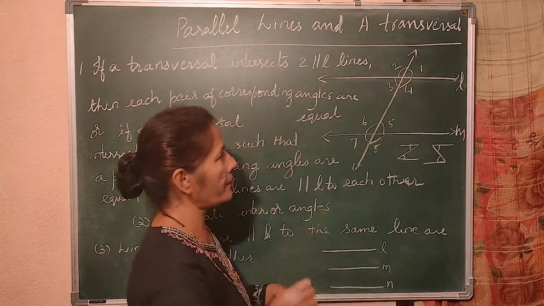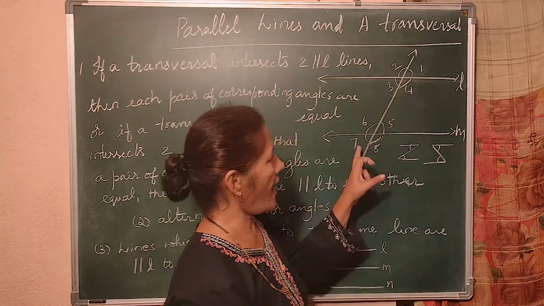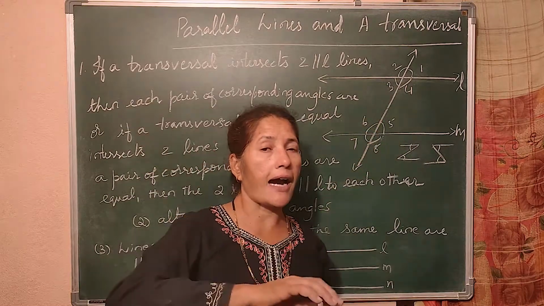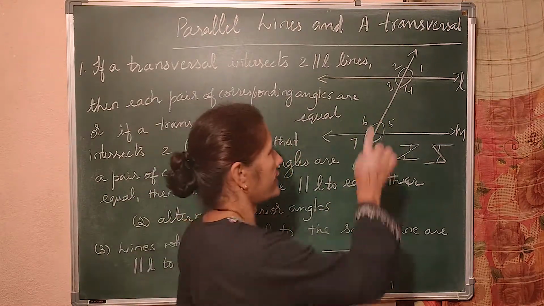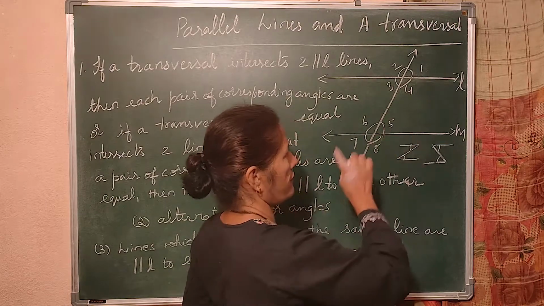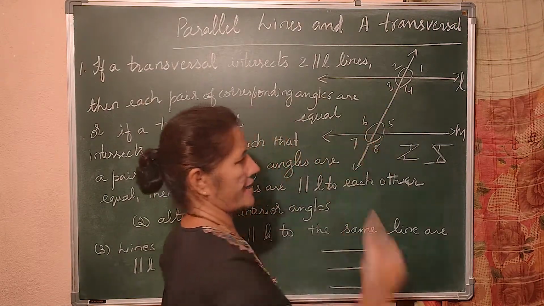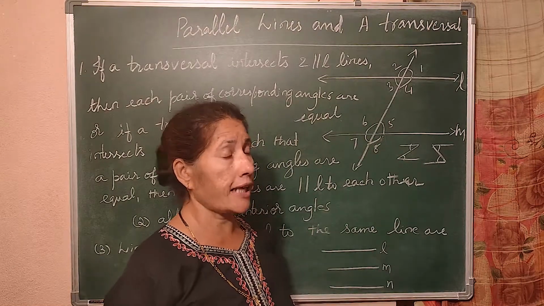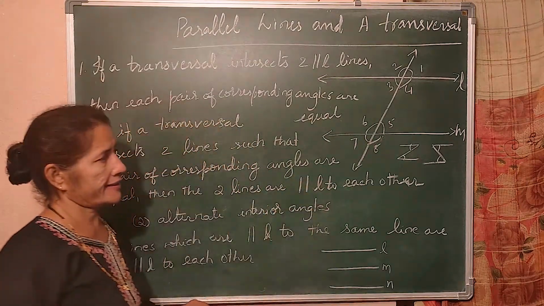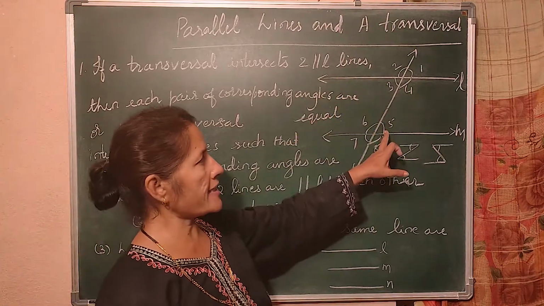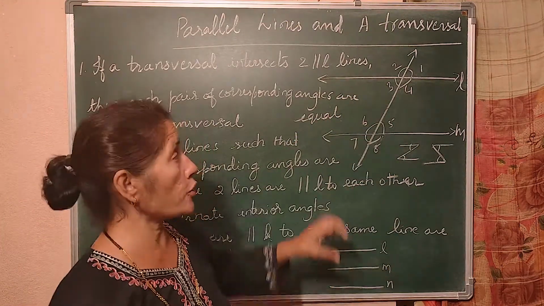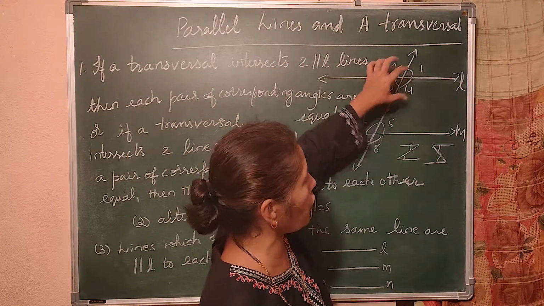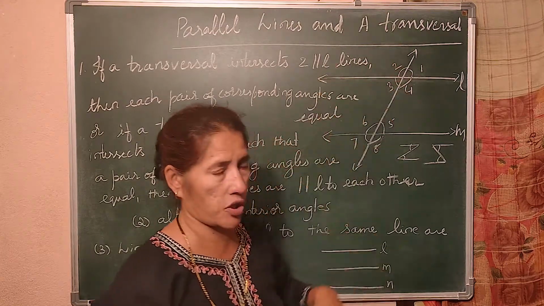Here can you tell me? See, 3 and 5, 4 and 6. They are called alternate interior angles. You understand? Now, not only corresponding angles and alternate interior angles, you know vertically opposite angles. 1 and 3 are vertically opposite angles, 2 and 4, 5 and 7, 6 and 8.